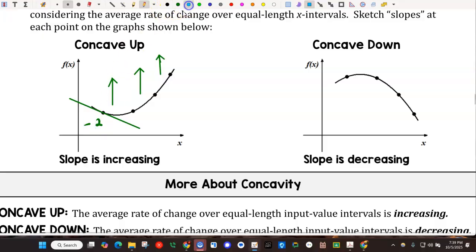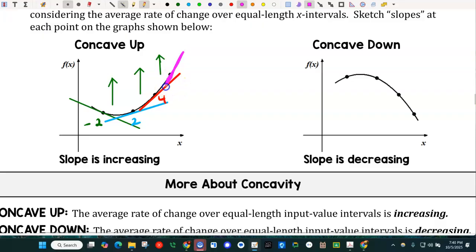If I go an equal interval to the right and find the slope of this line, we could say that is positive 2. And if I went further over, like this, it's getting steeper, and that's going to be like a positive 4 slope. And this would say, if I use a tangent line, I guess not a good tangent line.